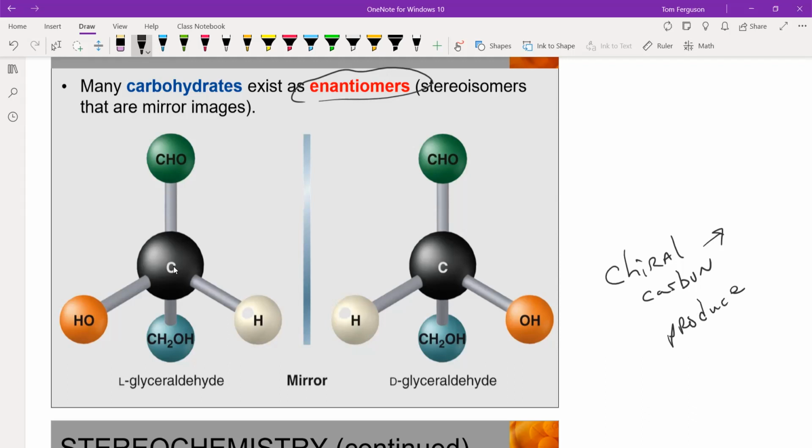I'm going to give you a lot of examples here in a minute. Chiral carbons produce D and L enantiomers.